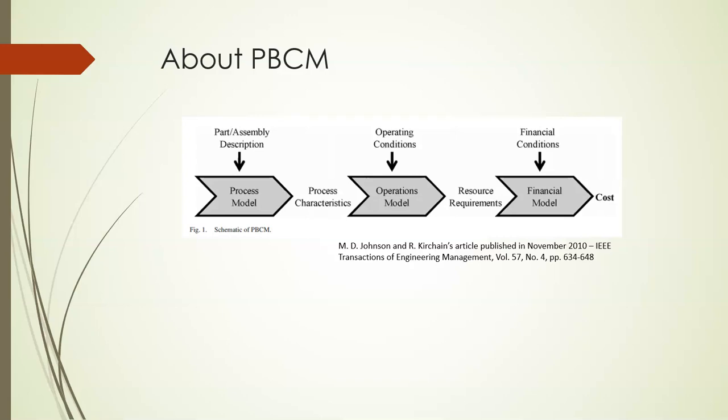Okay, and the article down here, we are going to put that on Reginet so you can take a look. But the key principle of the PBCM is this picture.